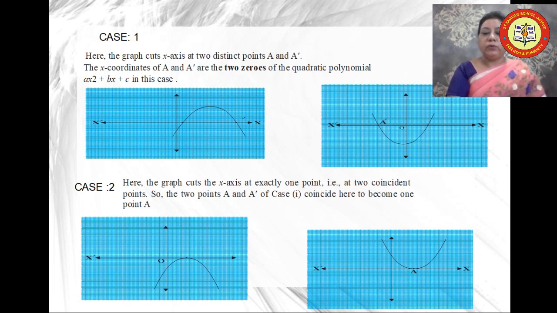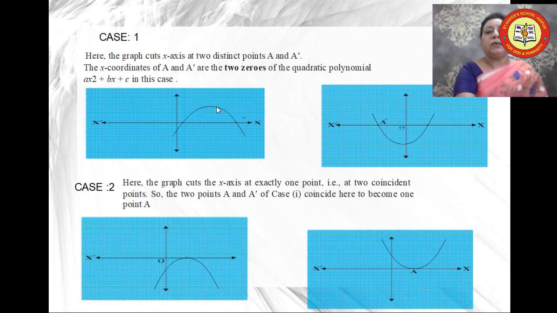It means it can have 2, it can have 1, it can have none even. So let us see some of the cases over here. Suppose a quadratic equation has two zeros, then the graph of that quadratic equation will be a parabola which intersects the x-axis in two distinct points.